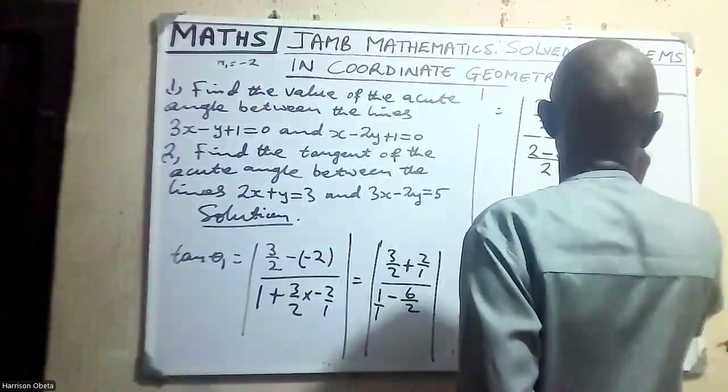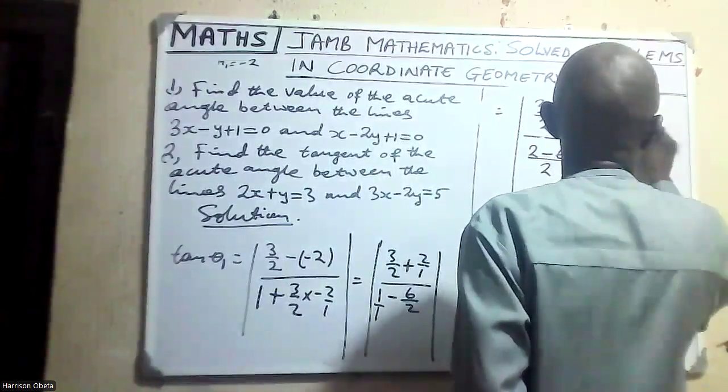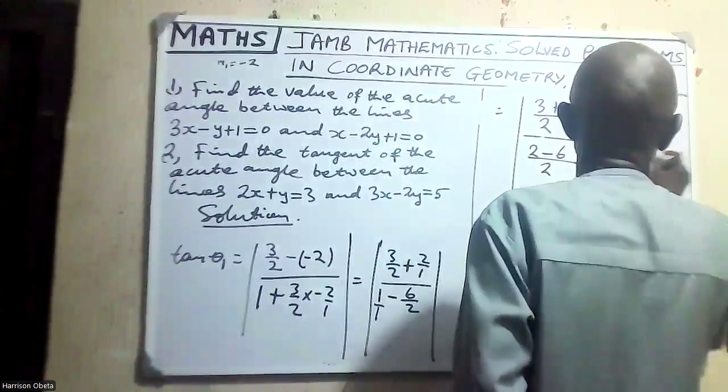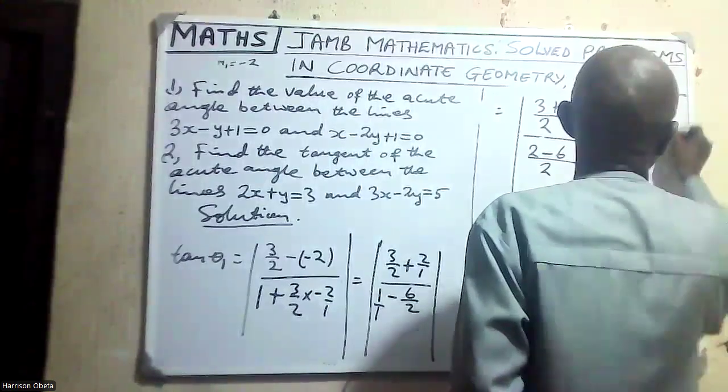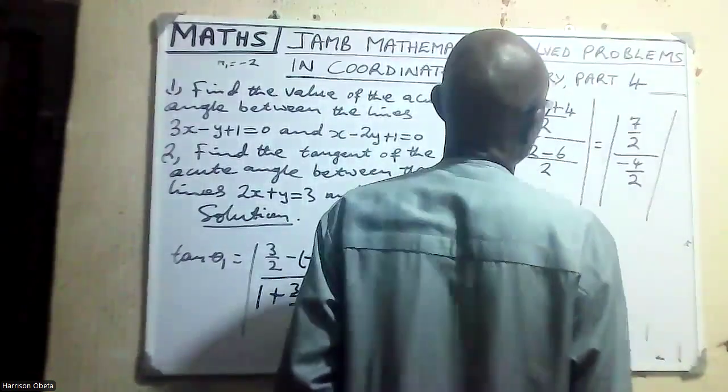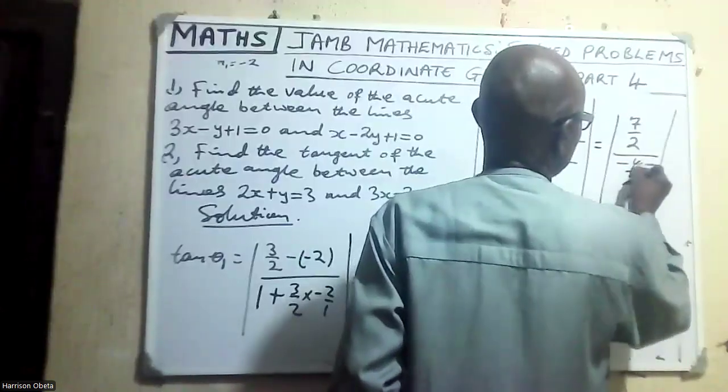So this will give us 7 over 2 all over minus 4 over 2.